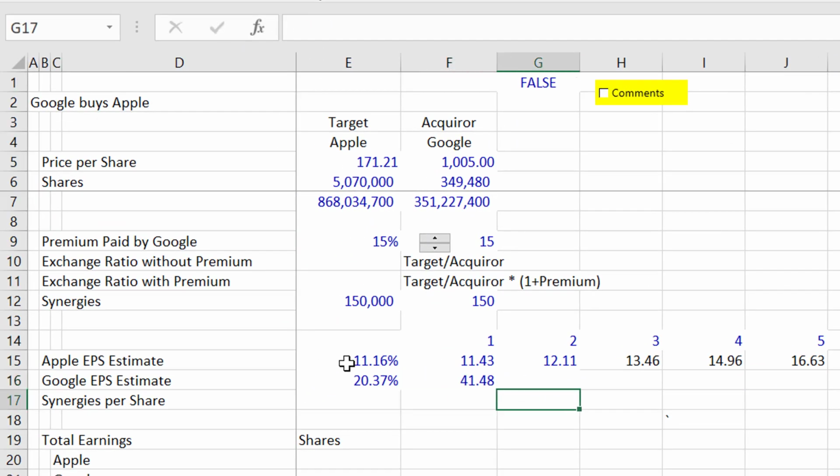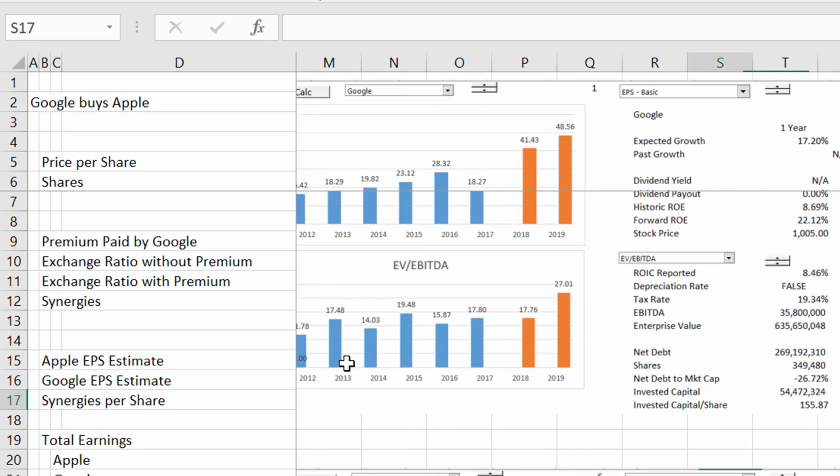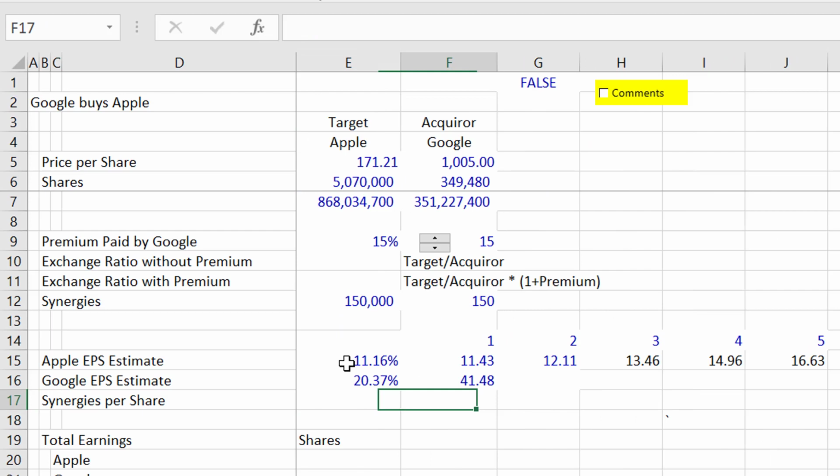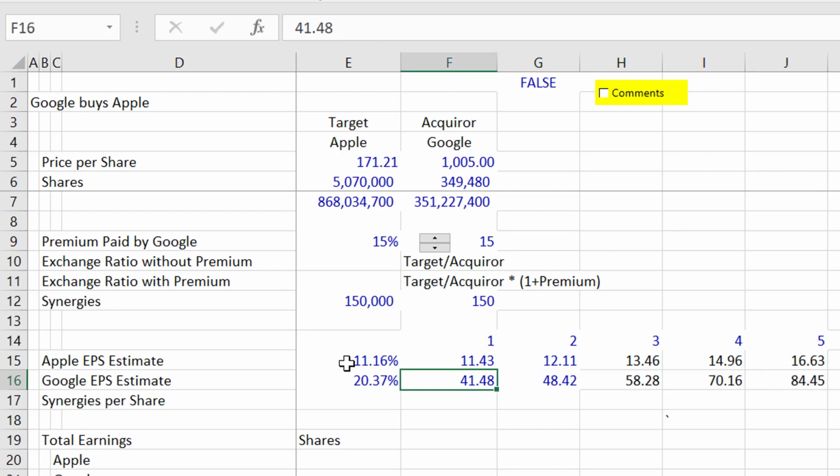And then in the next year, they're going to have earnings of 48.42. Okay? Part of this is really, oh my gosh, you can get this kind of stuff. For me, it's hard to fathom, really.